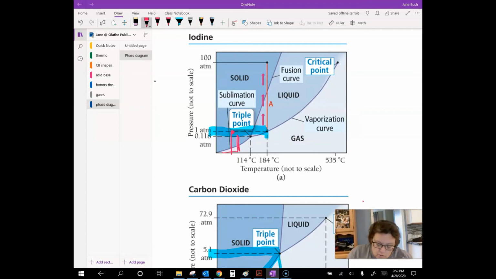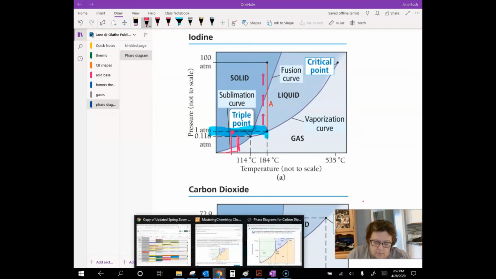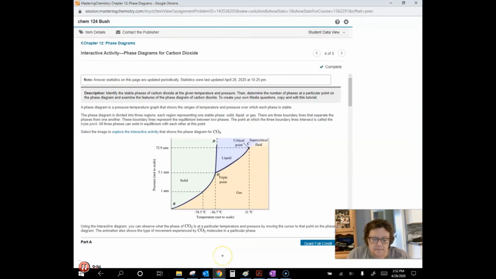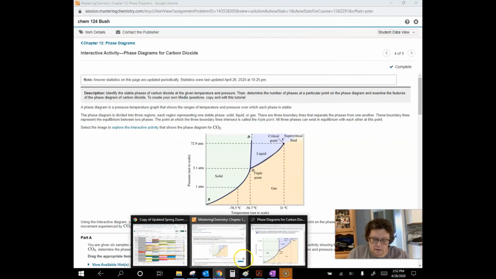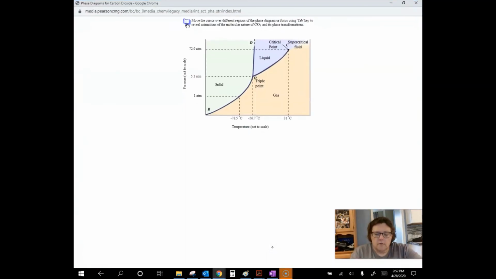Now, the worksheet, or the online stuff, is kind of cool. It has an interactive window here, and this is carbon dioxide. When I put my cursor up here, you can see that all the particles are in solid mode.